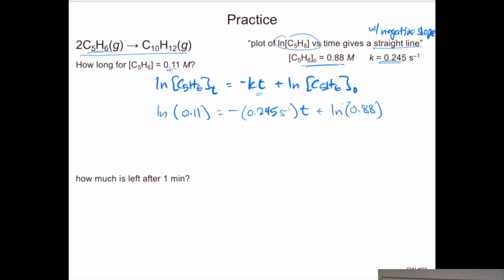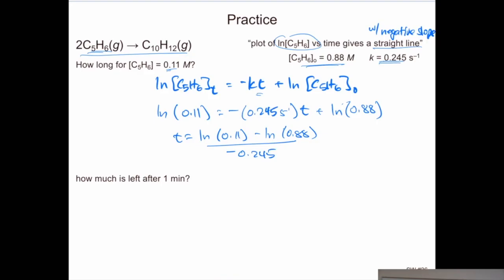That's all it is. Once you recognize it, you plug it in. Now it's just algebra. Do I need to solve this for you? You've got it in your notes. I'll go ahead and solve it to make sure that when you practice it, you know how to use your calculator the right way. This is just rearranging. T is equal to the log of 0.11 minus the log of 0.88 divided by negative 0.245.